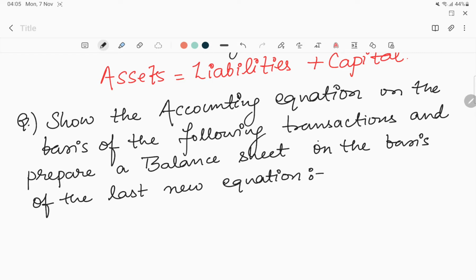So we have to do two things here. We have to prepare the accounting equation at each transaction, and then we have to prepare a balance sheet using the last equation.